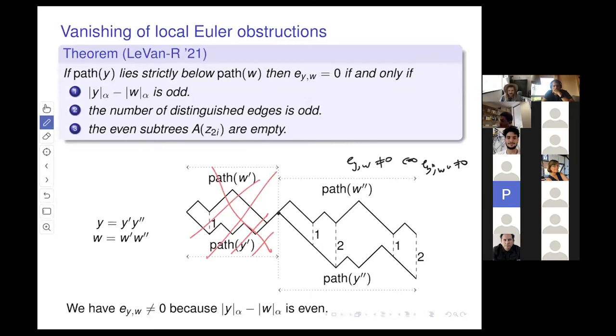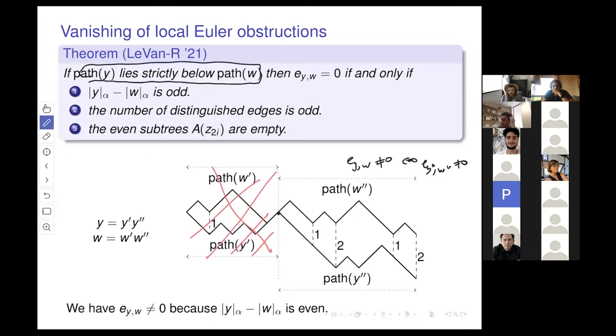So in fact, these two differ by a scalar multiple. And so if you want to characterize the vanishing, then it's enough to look at pairs of paths where one is strictly below the other.